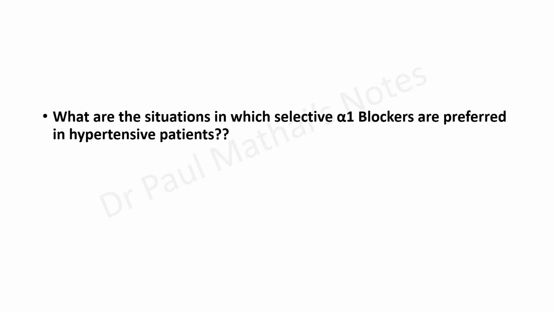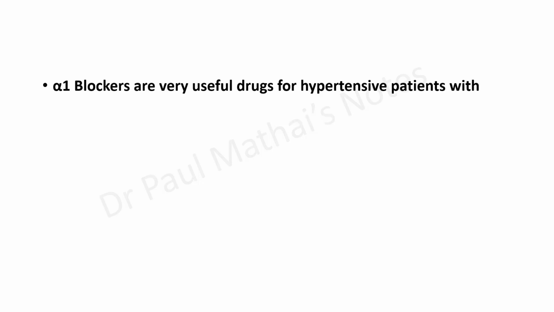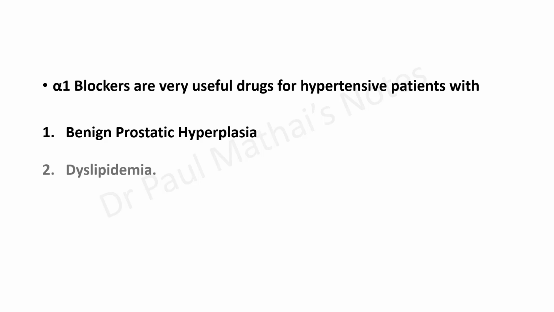Normally, they are considered second-line agents, but when certain comorbidities coexist, then they become preferred drugs in the treatment of hypertension. So, alpha 1 blockers are very useful drugs for hypertensive patients with benign prostatic hyperplasia as well as dyslipidemia.